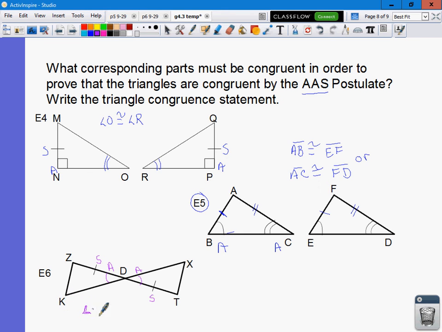I need K. If I used Z, it would be angle, side, angle. It needs to be so that it's not included. And what would K have to be congruent to? It would have to be congruent to angle X so that it also went angle, angle, side.